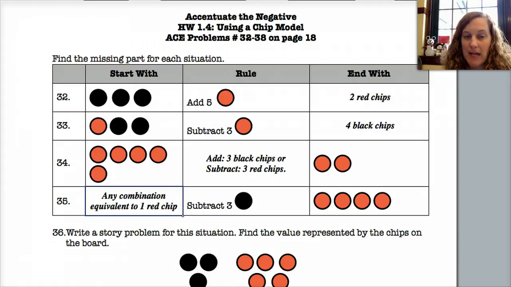So 4 reds and 3 blacks, subtract the 3 blacks, that gives you 4 red. You could start off with 5 reds and 4 blacks, 6 reds and 5 blacks. Doesn't matter, as long as you end up having 1 more red chip. When you subtract the 3 black, then you'll end up with 4 red.